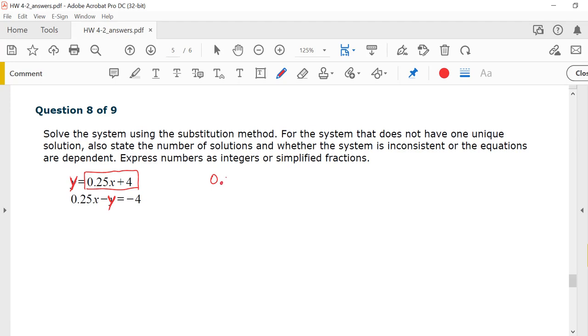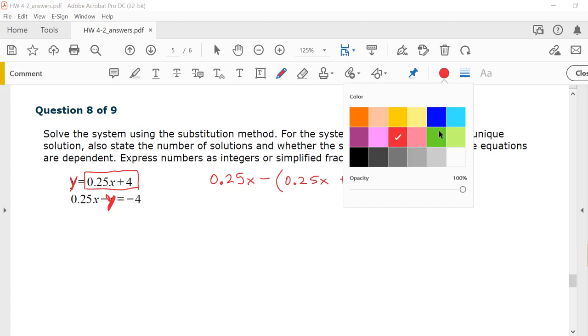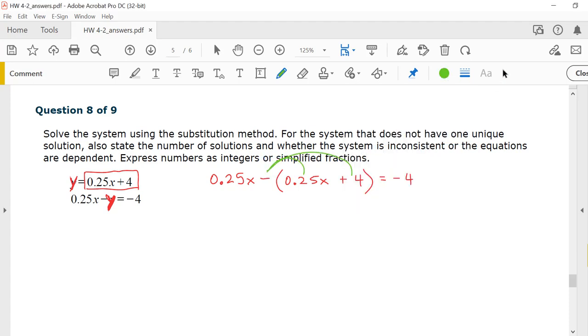So 0.25x minus our y, which is 0.25x plus 4, and that's supposed to equal negative 4. I need to distribute this negative out front to get rid of the parentheses. 0.25x minus 0.25x minus 4 equals negative 4.